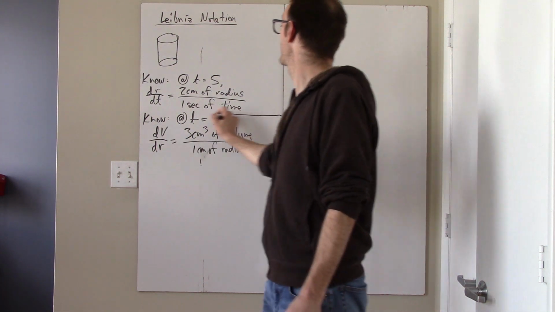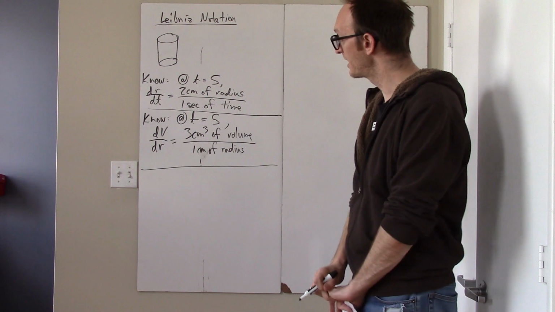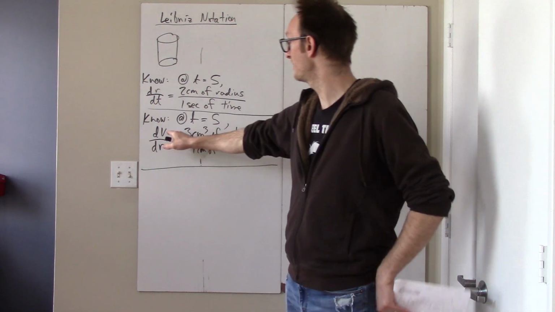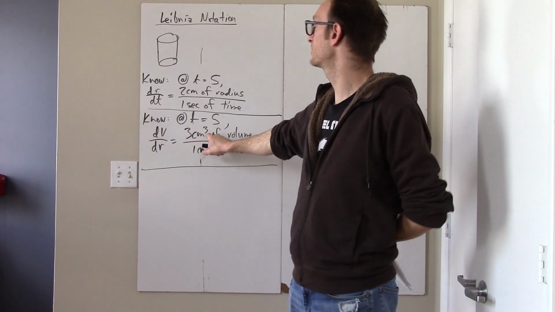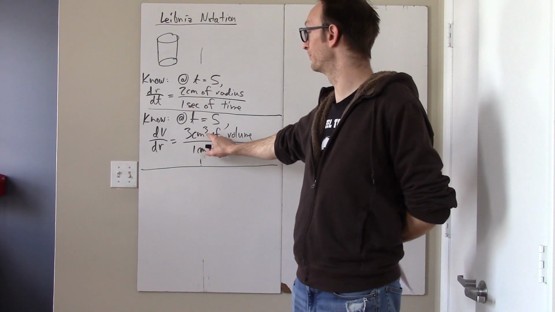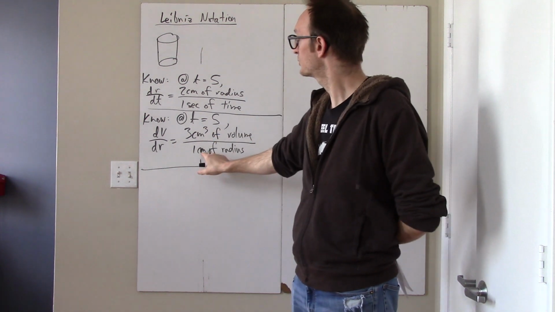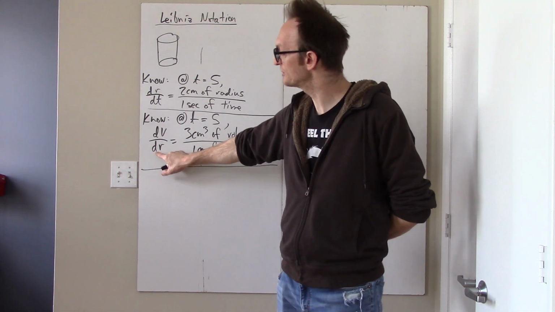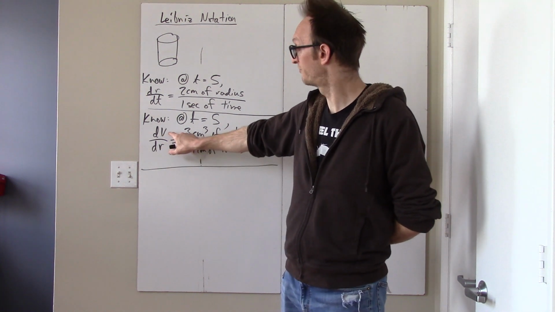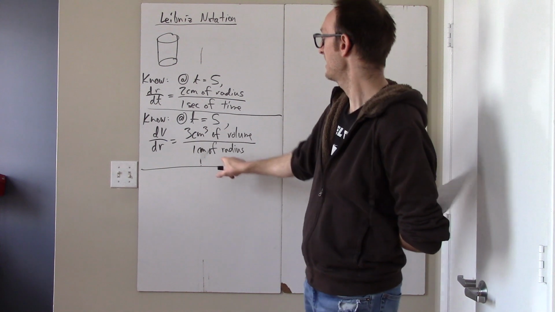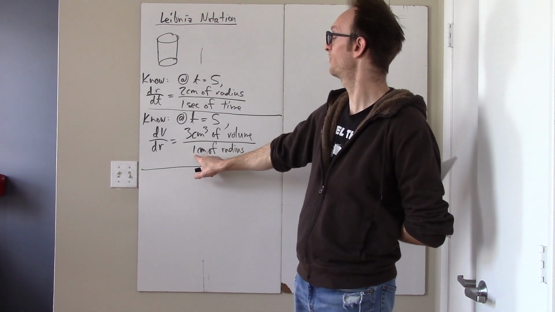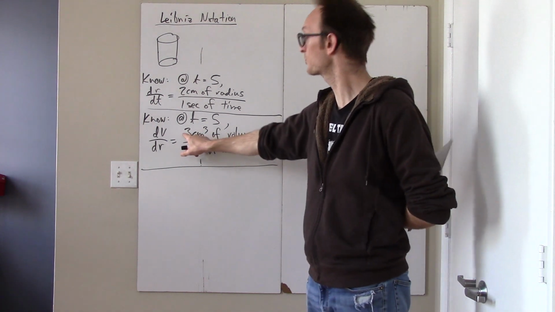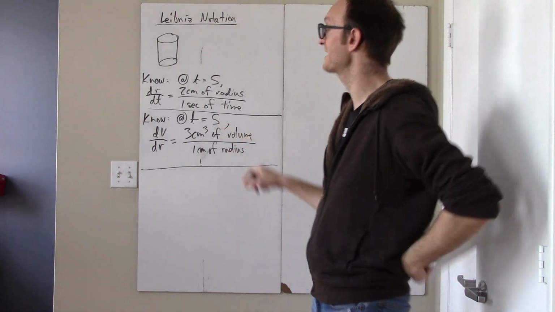I'm just telling you that at this moment, the volume is changing in a certain way. What is the change in volume? The answer is that we get another 3 cubic centimeters of volume for every change in the radius. So that's what dv dr means, right? For a small change in the radius of the cylinder, how much volume of the cylinder do we expect? If the radius gets 1 centimeter bigger, then the volume of the cylinder increases by 3 cubic centimeters. And that's specifically at time 5.